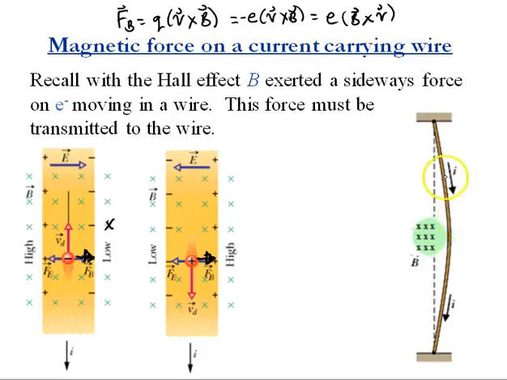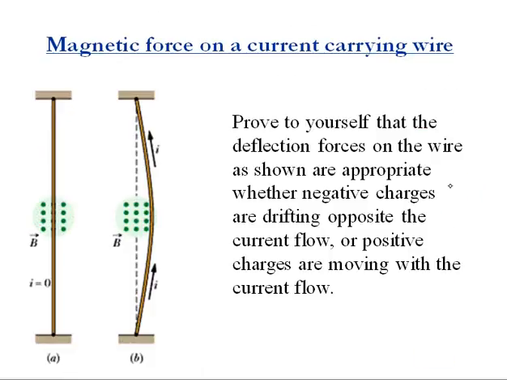It doesn't matter for the force on the wire; we can't tell through the transverse voltage. If we don't measure that, we don't know whether the current carrier is negative or positive, but regardless, if our current's flowing downward, we're going to get a force on the wire. And again, you can prove it to yourself, whether we have a negative charge drifting in the opposite direction of the current flow or a positive charge moving in the direction of the current flow.